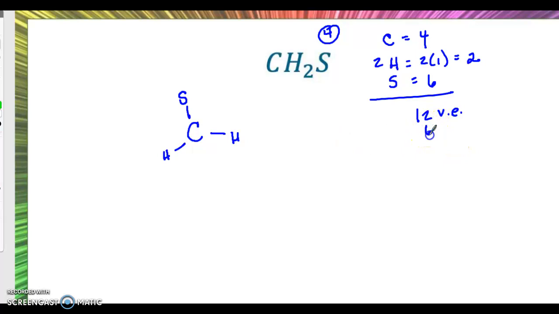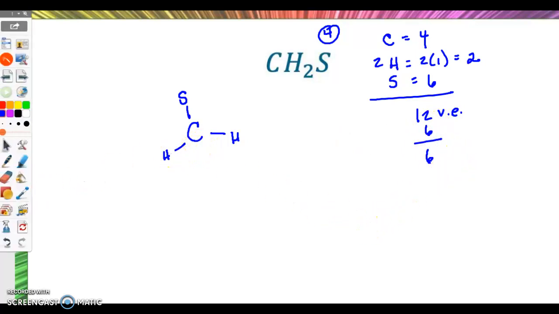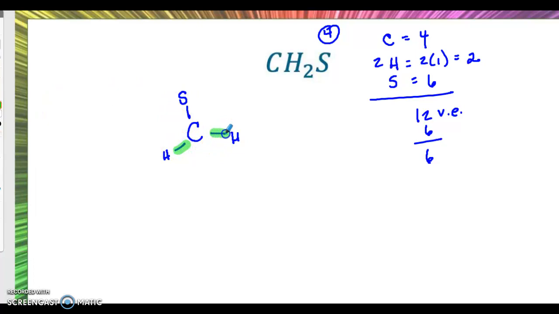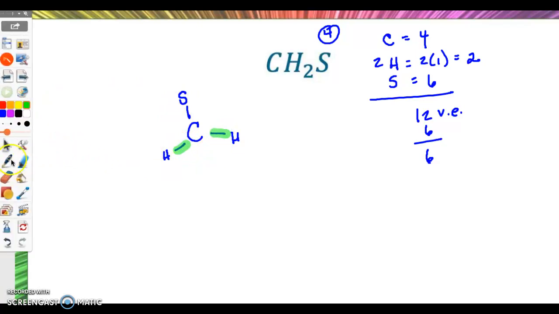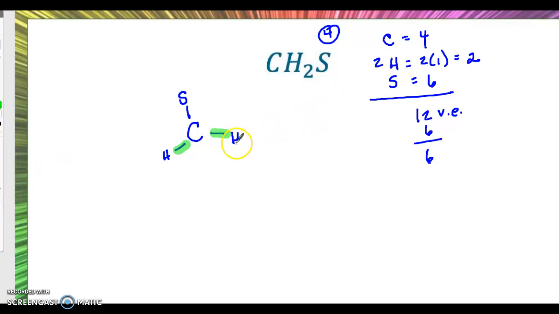So I've placed 6, and I have 6 left. I know that hydrogen is good, right? Hydrogen wants 2. Hydrogen currently has 2. All right, so hydrogen, I don't need to pay attention to it anymore.